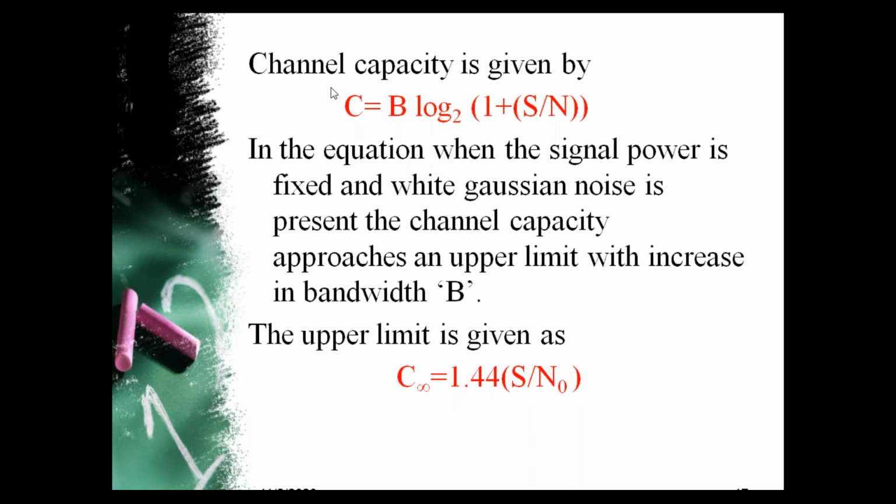That is, in this channel capacity expression, when the signal power is fixed and white Gaussian noise is present, the channel capacity approaches an upper limit with increase in bandwidth. As bandwidth approaches infinity, the channel capacity does not become infinity.